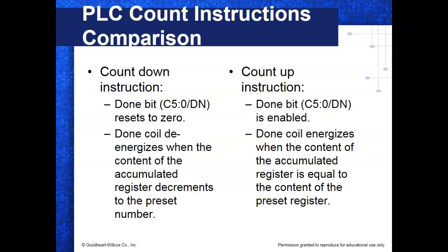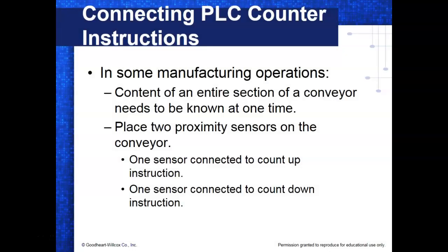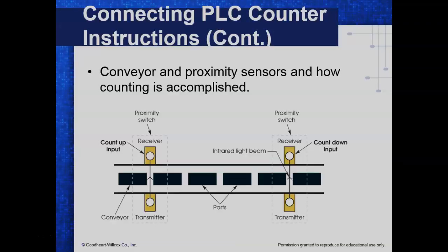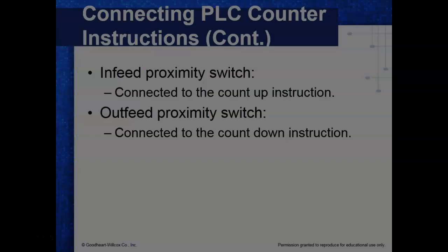On the count up counter, the done bit changes when the accumulator and the preset match. On the down counter, it starts off set, and then you got to go one past, one more negative. Reset goes to 0.